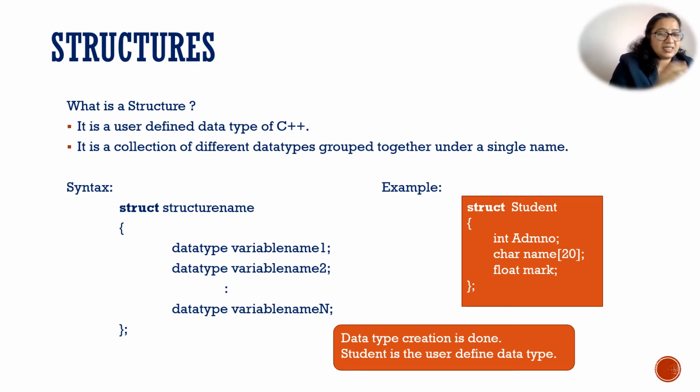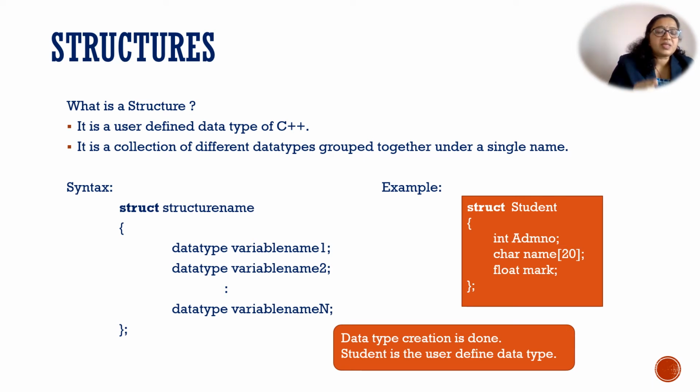Okay, see the syntax here. Struct is the keyword used for creating the structure. Struct space structure name. Structure name, or you can see in some other books, structure tag. That space is for giving the name of the structure, that is the user defined data type.